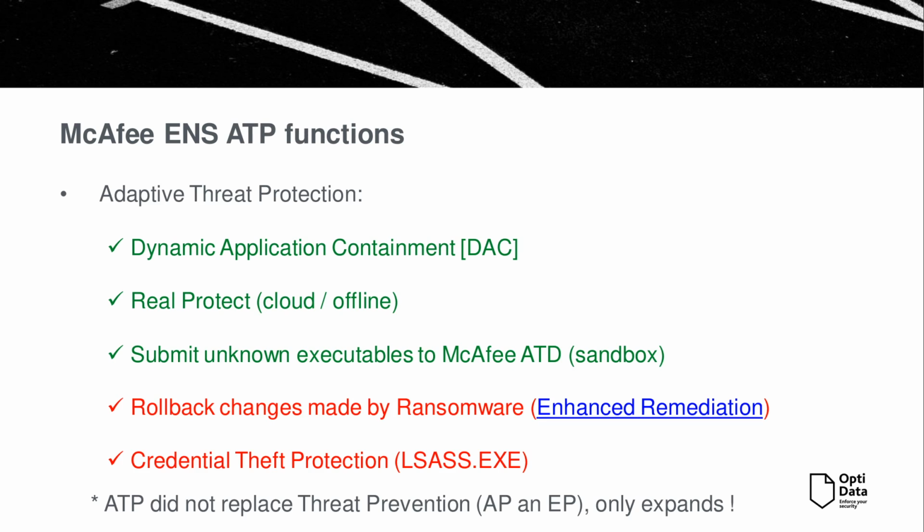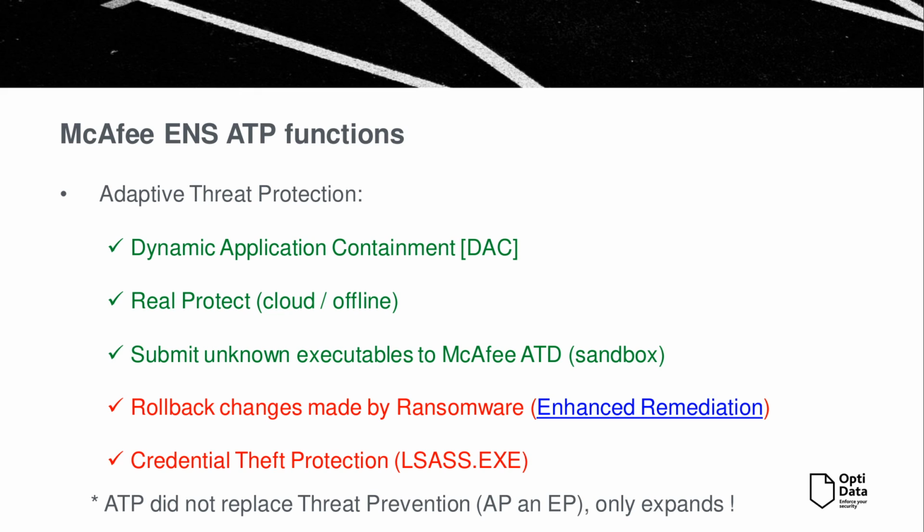So if we talk about Adaptive Threat Protection, it includes Dynamic Application Containment. In short, when we have Endpoint Security with the ATP module deployed, and when DAC, Dynamic Application Containment, is enabled, all executables are separated by their reputation.